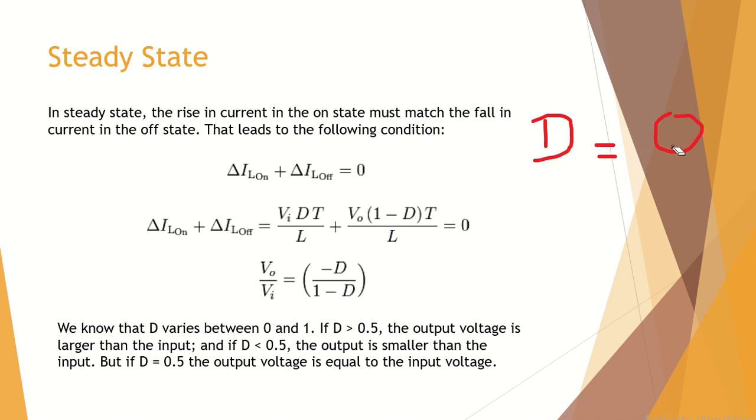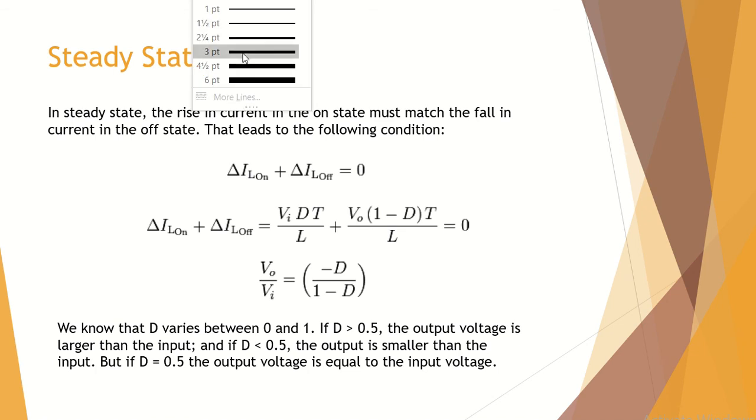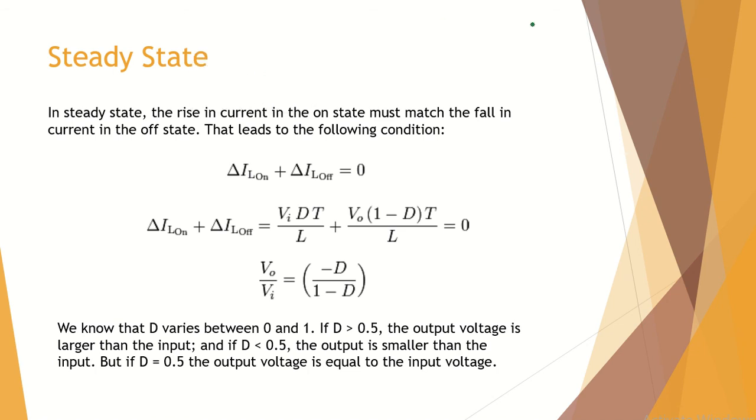Let's select a different color that is more visible. So if you select D is equal to 0.3, okay, D is equal to 0.3.